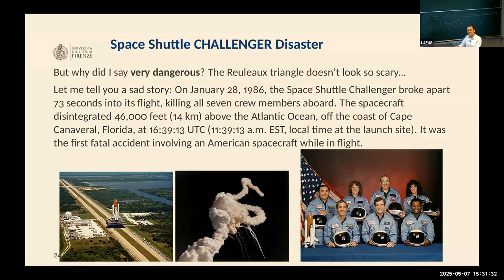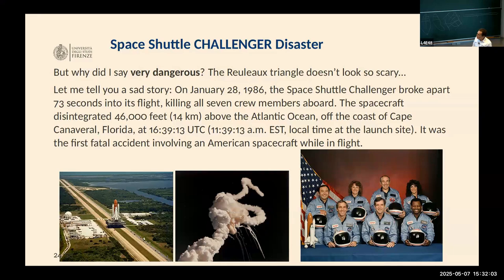The tank was the only thing destroyed at launch. The boosters fell down with parachutes and were taken from the ocean back to NASA, and the spaceship went on and then came back.